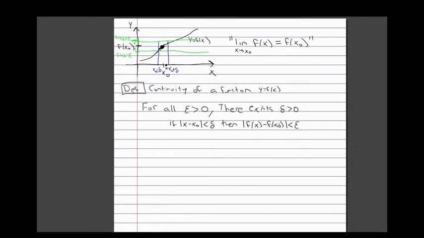This is what it means in terms of just equations. It is saying if x is inside the delta tube, or |x minus x naught| is less than delta, then the value of f of x, in this case right here, has to be within the epsilon tube.